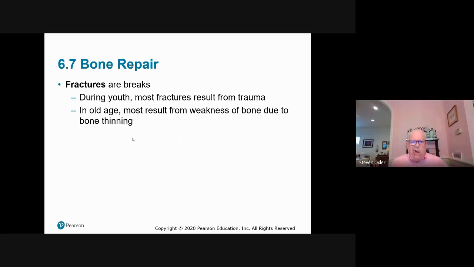Bone fractures, as you know, are breaks in bones. The majority of fractures as a youth or as a young adult are caused by trauma. However, as you get older, your bones become weaker, your bones thin, and you can have a fracture without trauma as you get older.